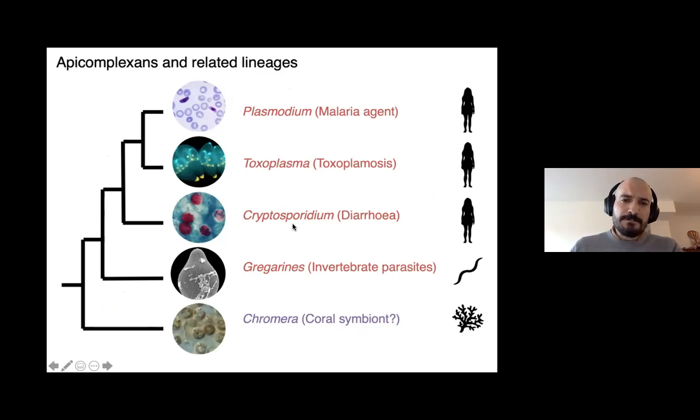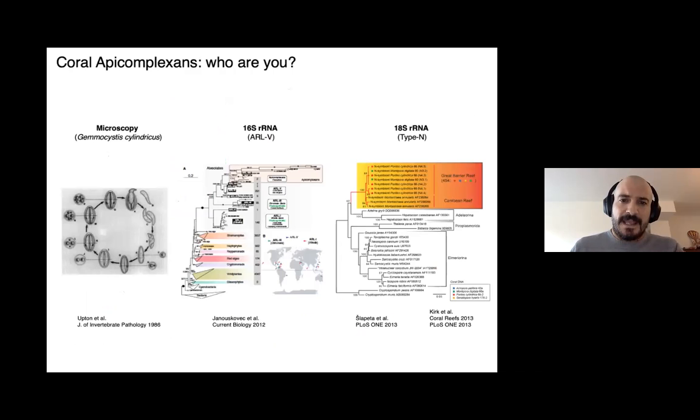As a practical example, we explored further this apicomplexan signal we observed using 18S, because since the 80s there were reports using microscopy and 16S and 18S of a putative apicomplexan in different corals. But because we were using independent markers and techniques, we couldn't actually assess how important this apicomplexan was for corals.